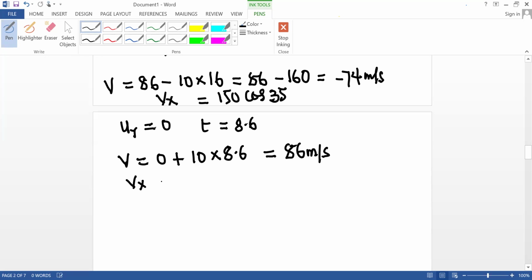Horizontal velocity is still u cos theta, so almost 123. So v squared is equal to 123 squared plus 86 squared. Can you help me with the final answer?